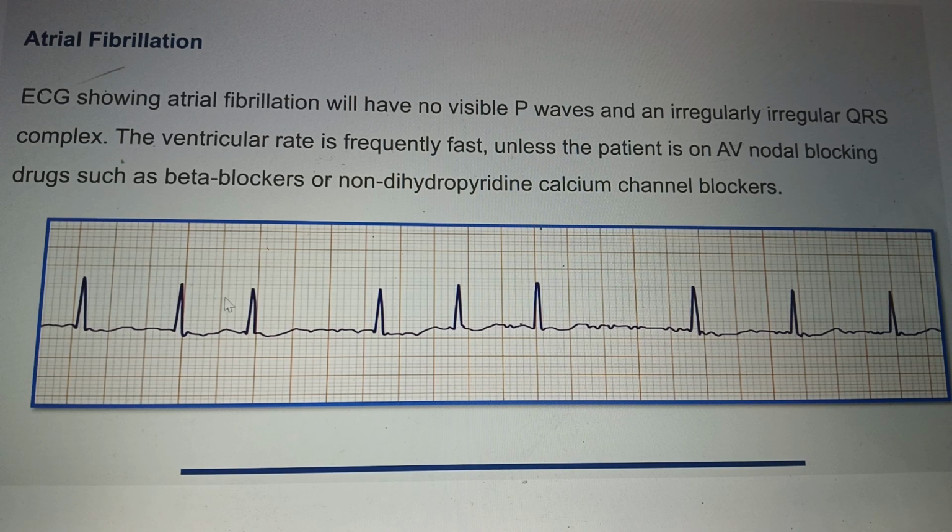Here it is more, if you count, here it is less, here it is more than this one. So the rhythm is irregular, and there is no P wave. Abnormal means the interval is not normal and it's not evenly spaced, right? So that's called atrial fibrillation. The QRS complex is narrow.